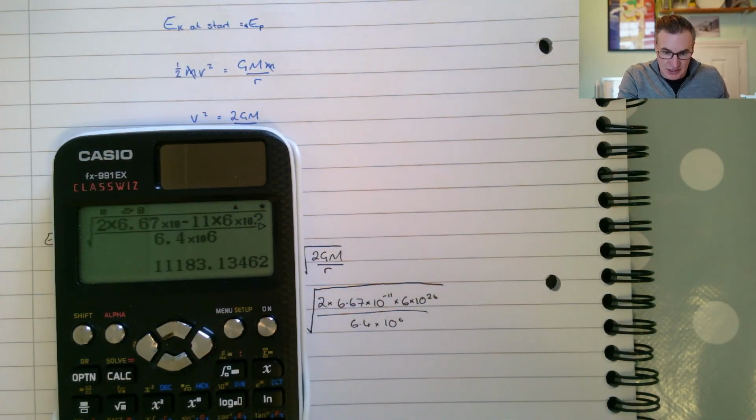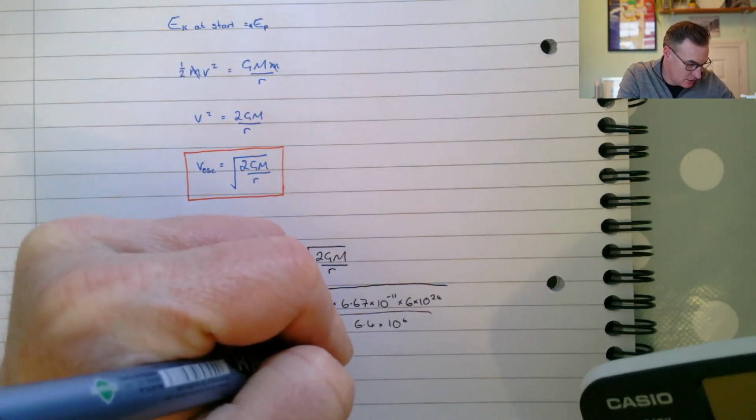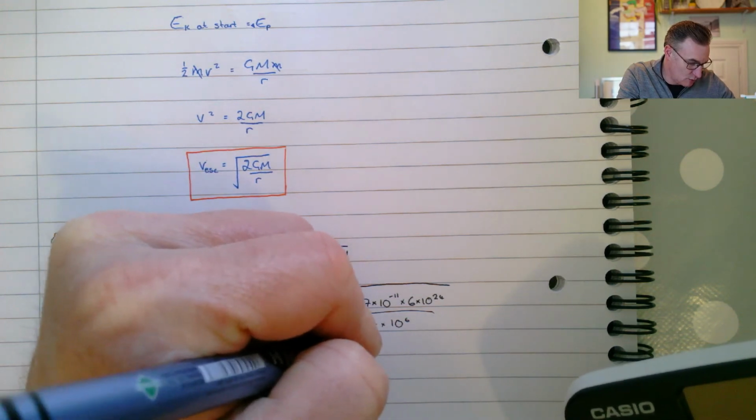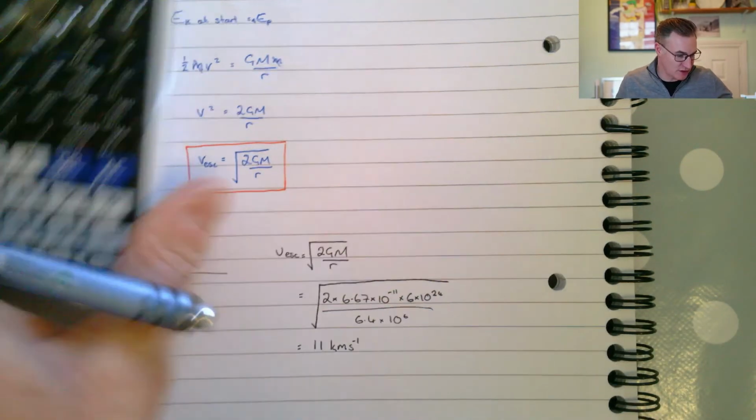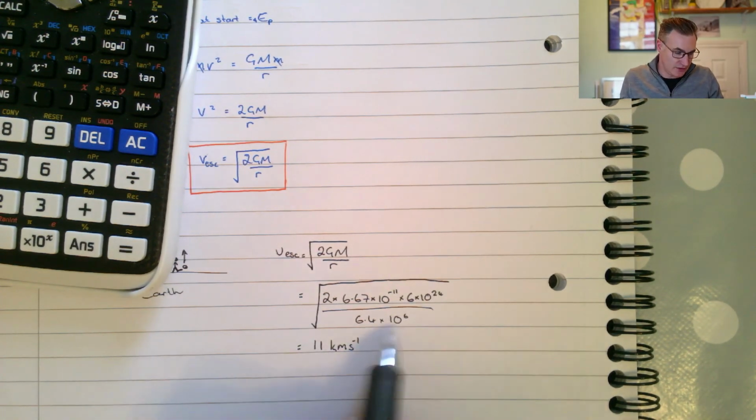Which gives us 11,183. So let's call it 11 kilometers per second. So 11 kilometers per second is the escape velocity at the surface of the Earth.